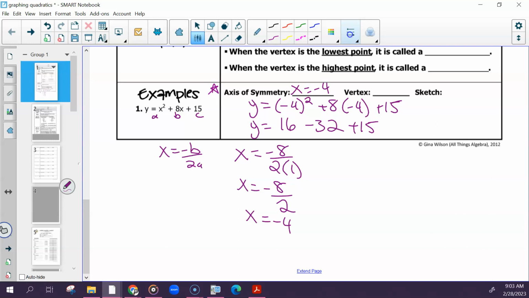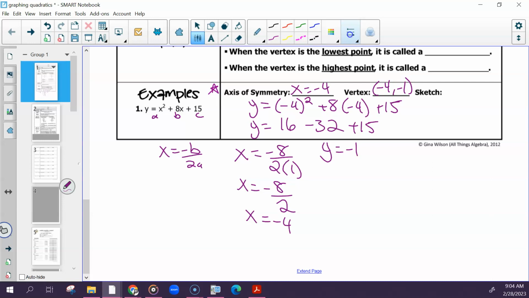What's 16 minus 32 plus 15? That's right. So once you get that value, you're going to put those two numbers together: -4 and -1.